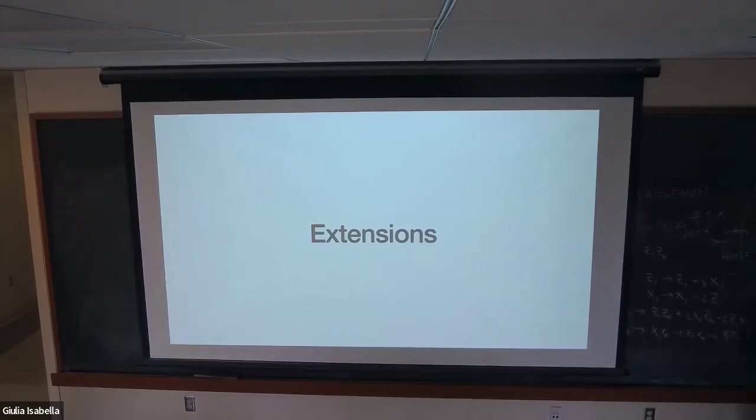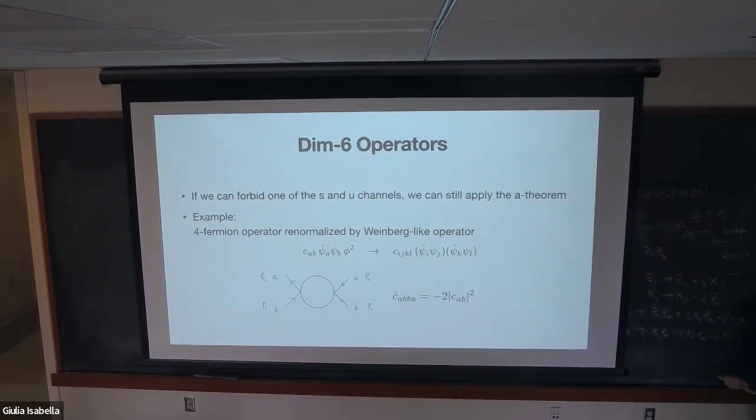Right, so I can give a few extensions. Because we're not using contour integrals, we can discuss dimension 6 as well. So remember the problem for dimension 6 is that you have cancellation between the S and U channel. But you can simply forbid this by some structure in your theory.